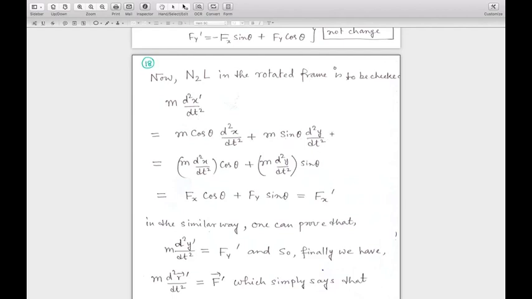We have just replaced the value of x prime in terms of x, y and theta, and then by grouping those unprimed parts, m d2x dt2 and m d2y dt2, you can again recognize them to be fx and fy. And you can simply see that fx cos theta plus fy sin theta is nothing but fx prime.